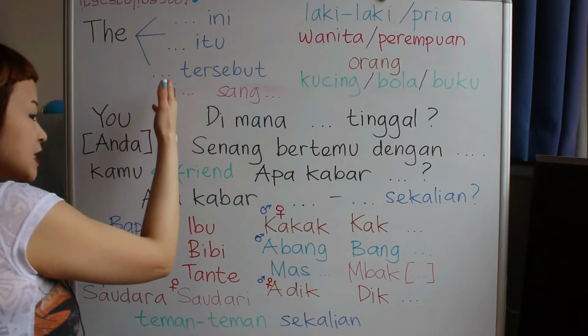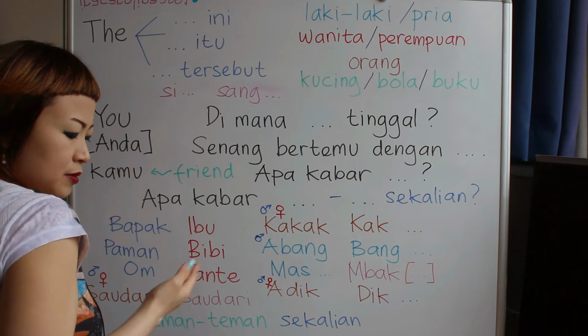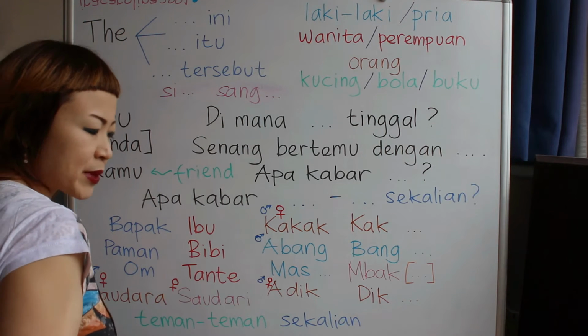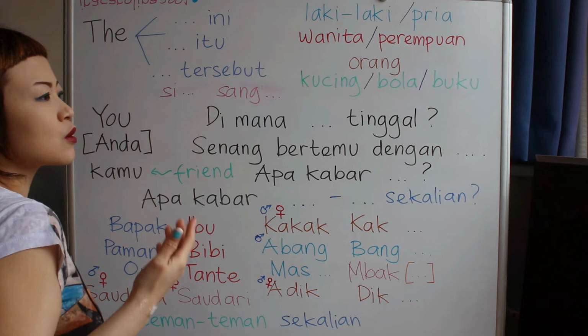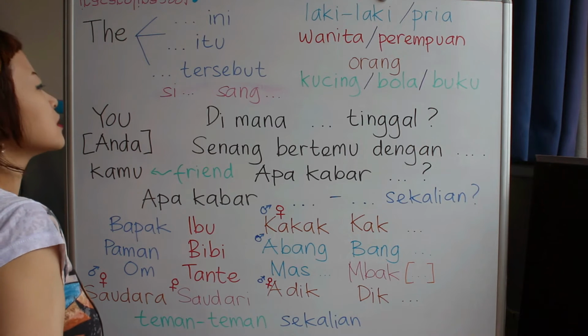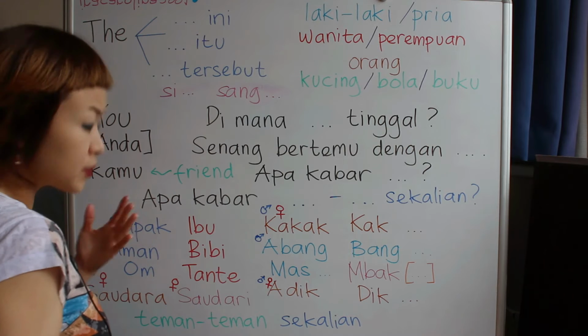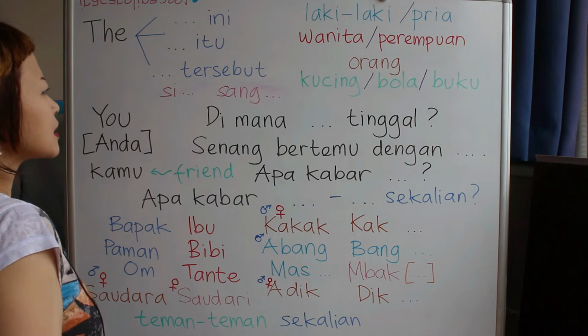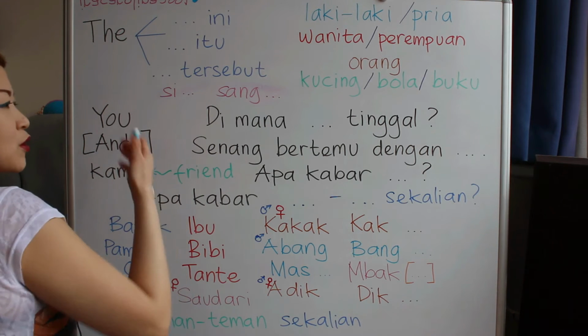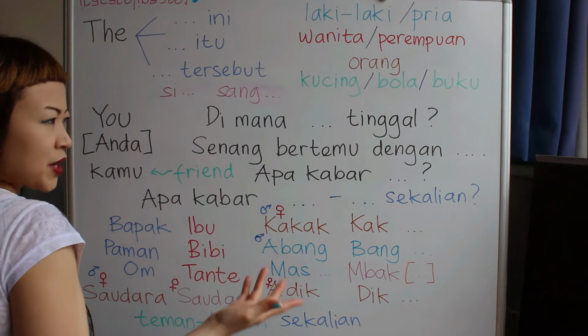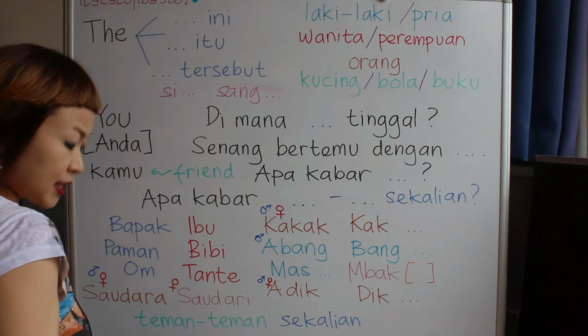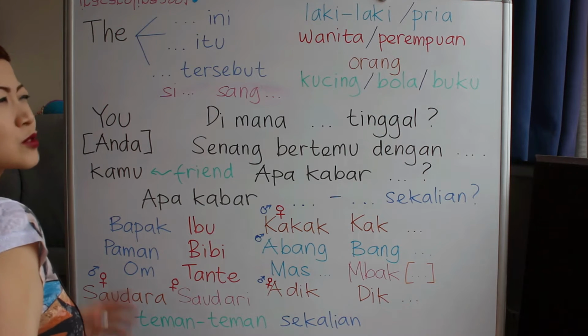But this si and sang are most used for fable or myths or folk stories or like poem, old literature. Even though you will find it also nowadays, it's kind of rare. It's not used for daily life. Not often.